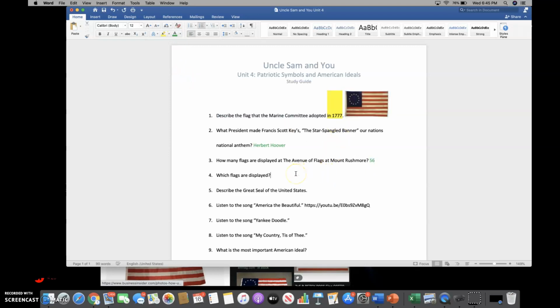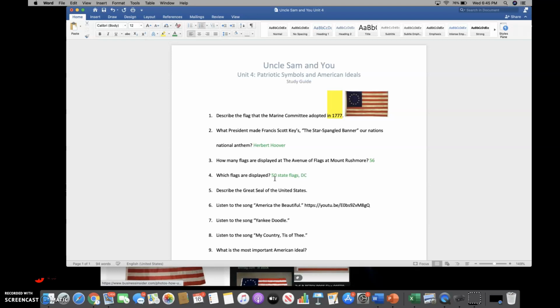So number 4 was which flags are displayed? Let's see if I can do this without having to copy and paste. Those are the 50 state flags, right? Hopefully y'all remember that.